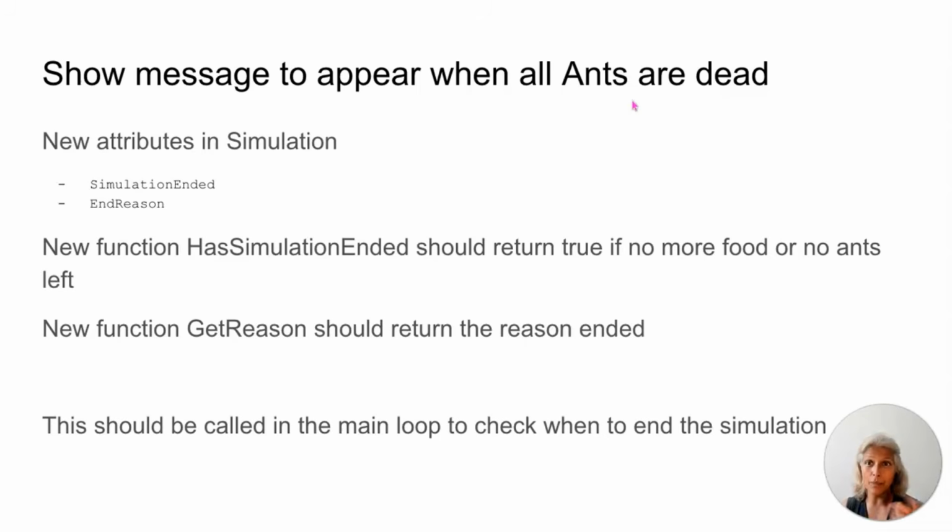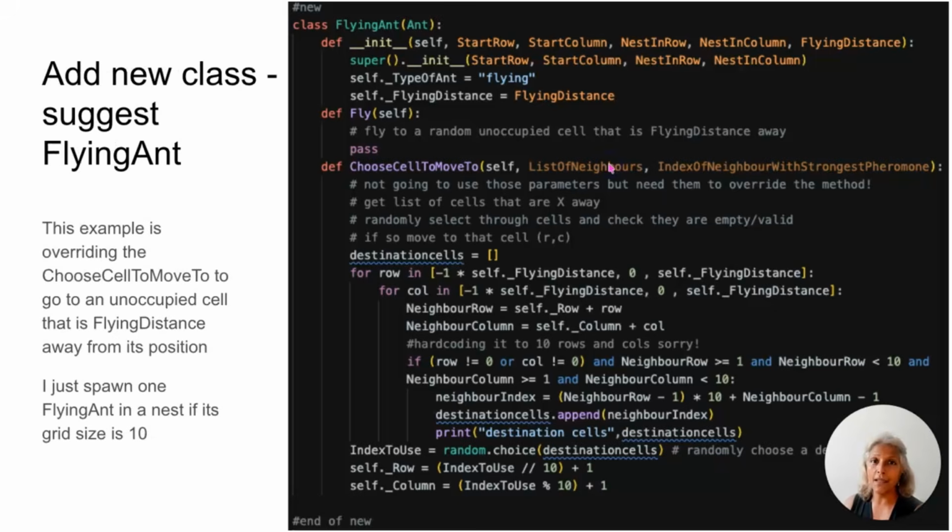So do have a little bit of a play and see how you might end the simulation. And then almost certainly there's going to be adding a new class. This is my own take on adding a flying ant class.